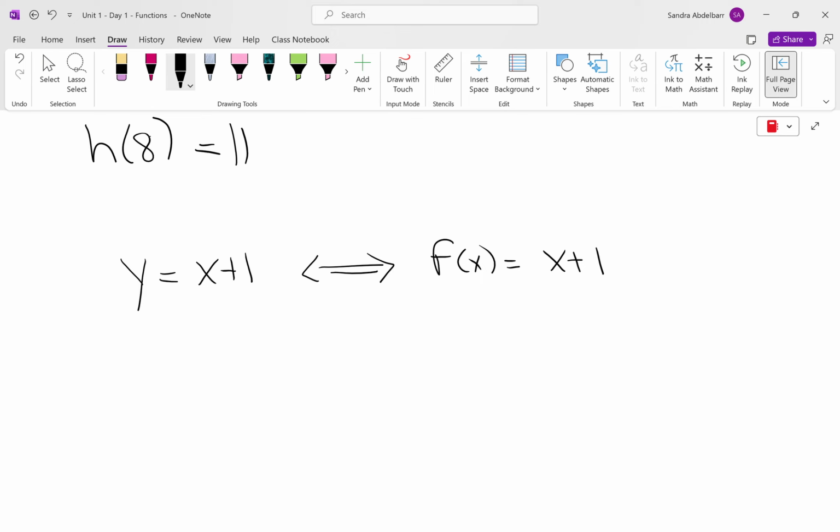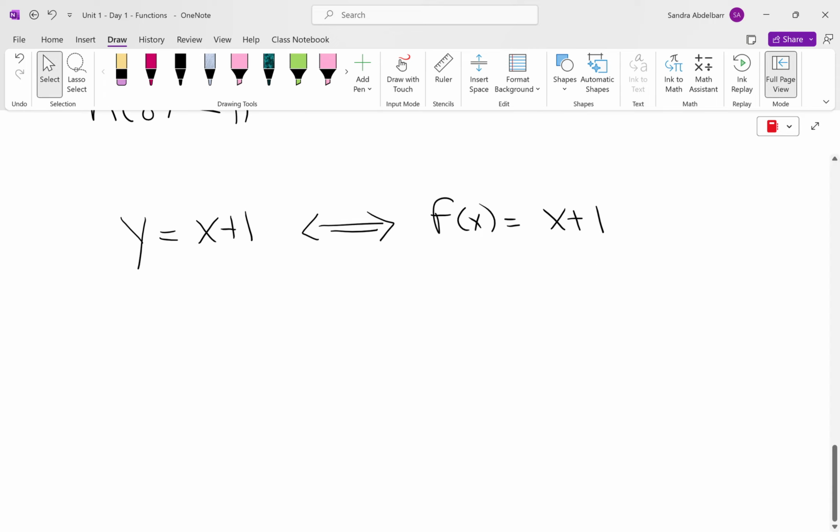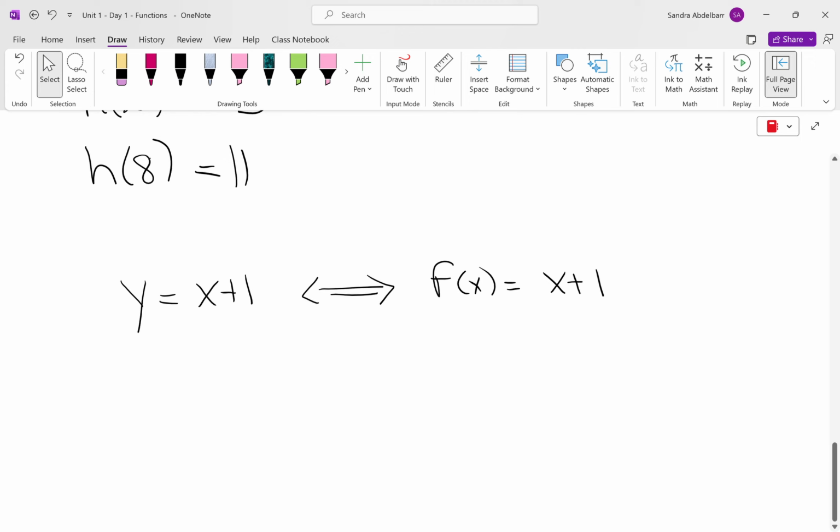Because y is our output, f of x is just another way to represent that. So our output will equal whatever we put into x plus 1. If I'm going too fast, just tell me to slow down.